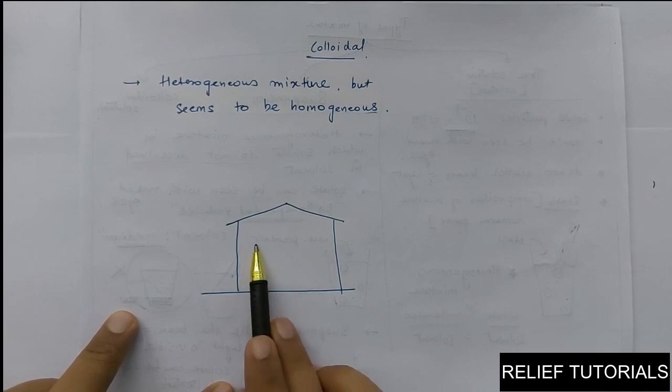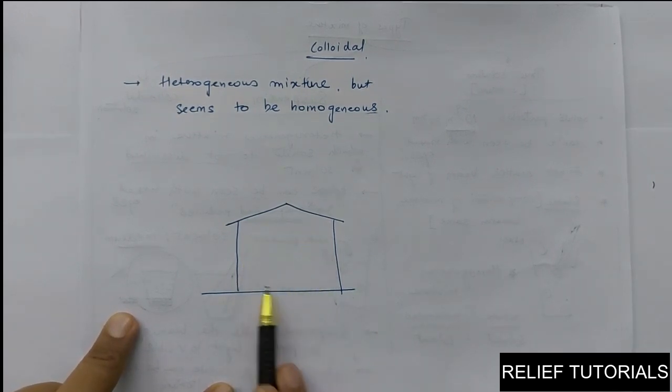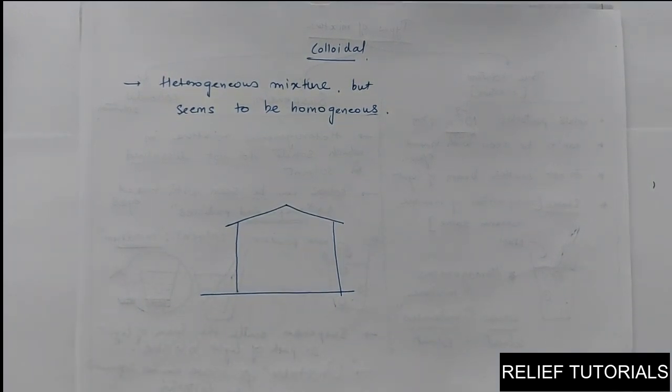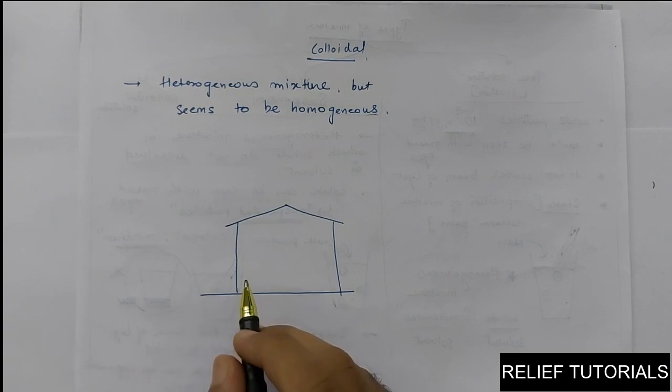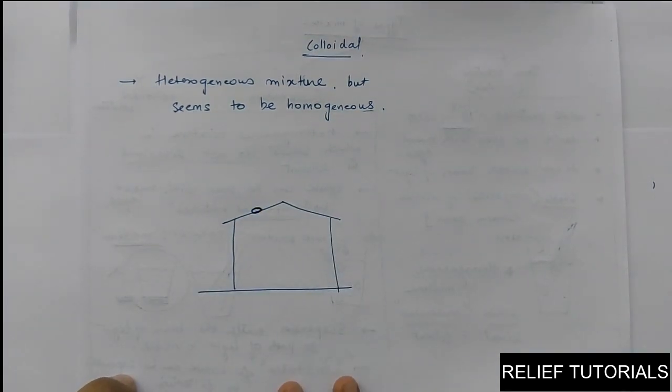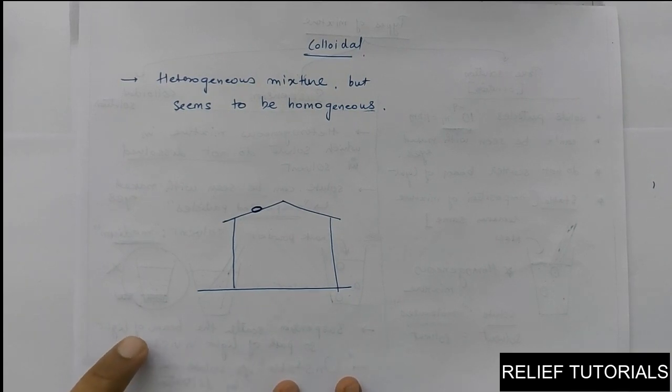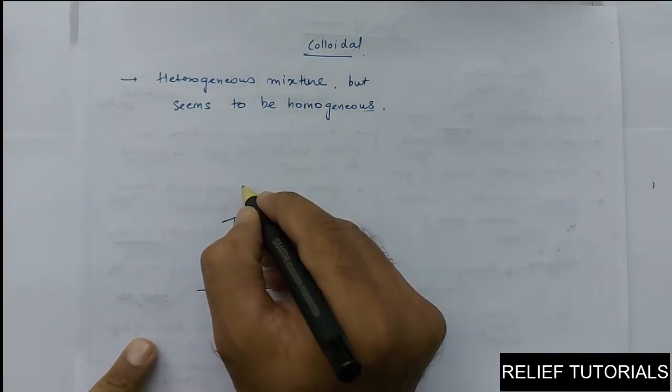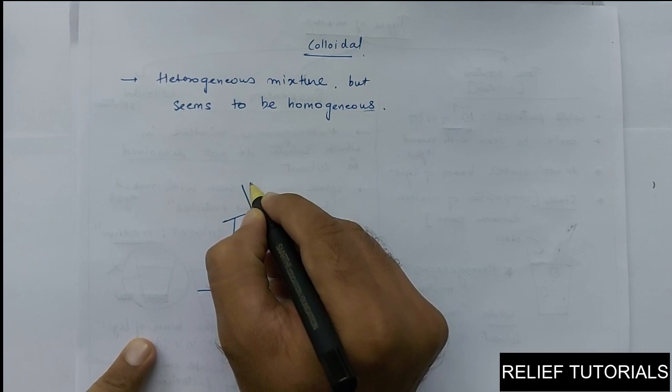We know that the particles of dust are moving here and there. But in the normal condition, the particles of dust cannot be seen. But now consider, here is a hole on the roof. So the beam of light enters like this.